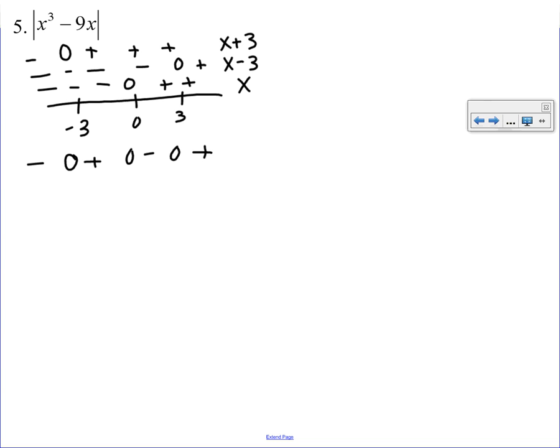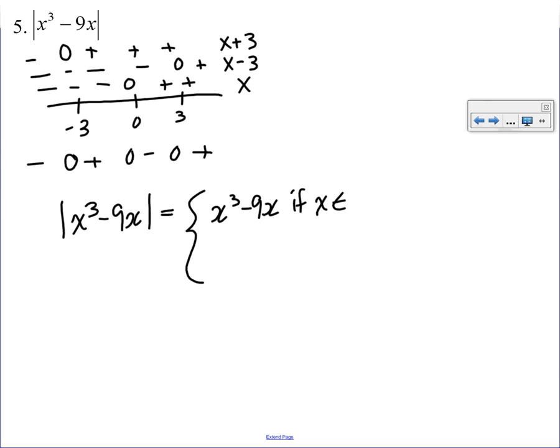So what is the absolute value of x cubed minus 9x equal to? Again, just two possibilities. It is equal to itself, where it's positive or 0. So that is the interval between minus 3 and 0, or the interval from 3 to infinity.